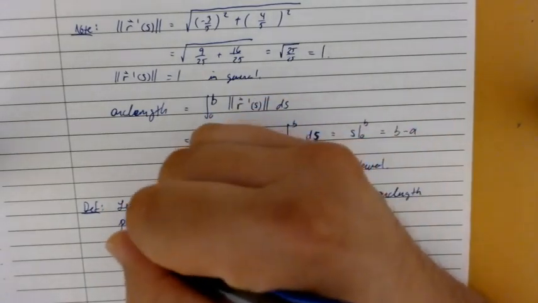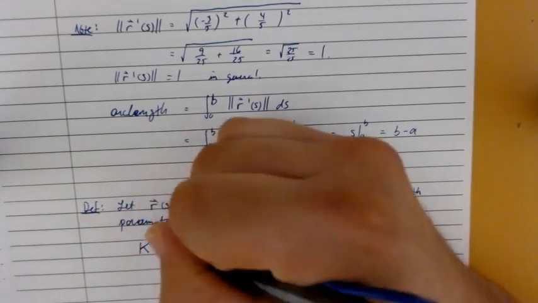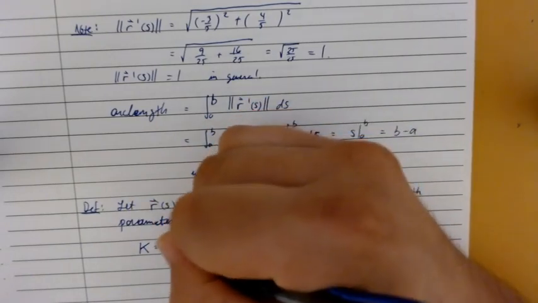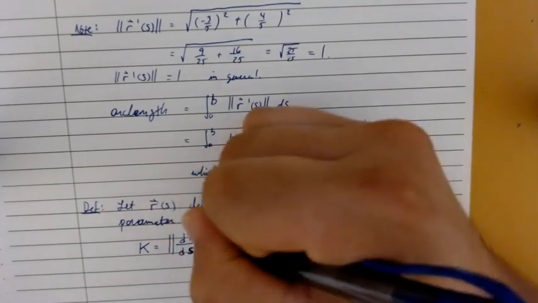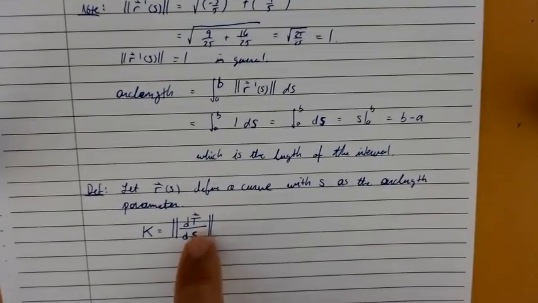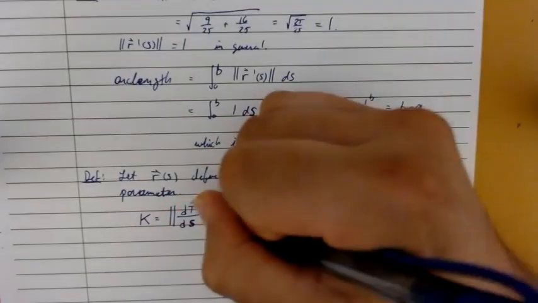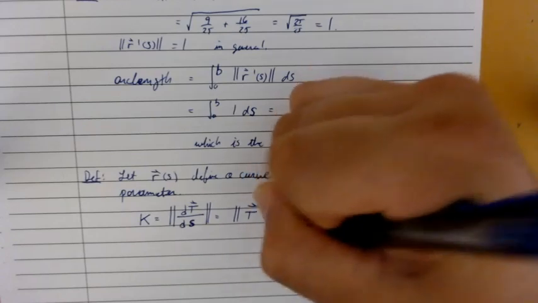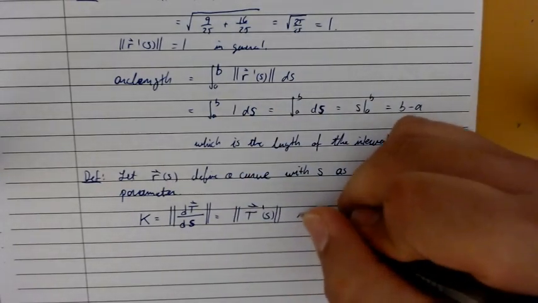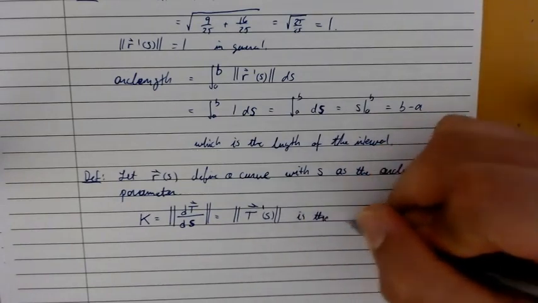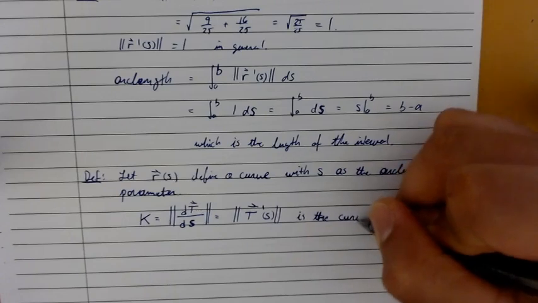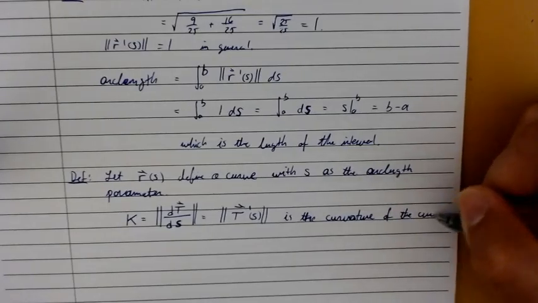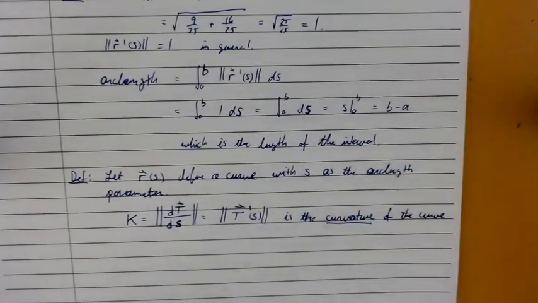Then K, which is defined as the derivative of the unit tangent vector with respect to the arc length, which can also be written as just the magnitude of T prime of S, that's just an alternate notation, is called the curvature of the curve.